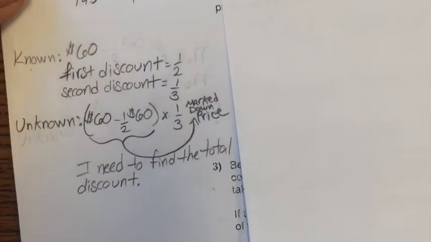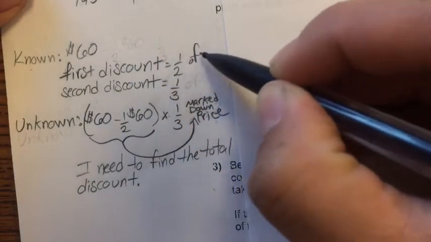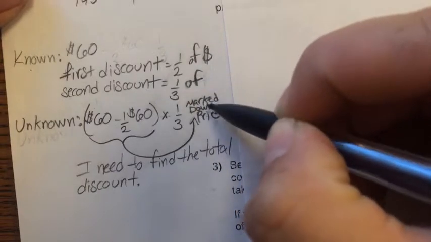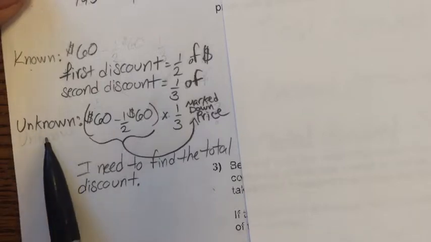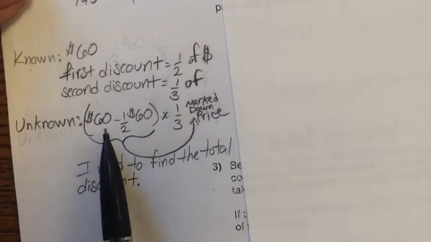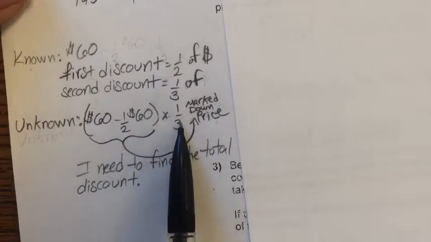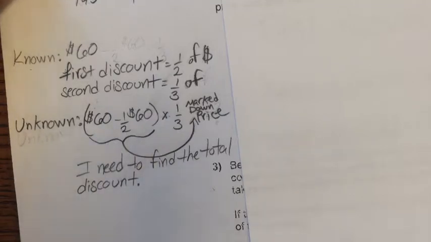So let's fix our known and our unknown. 1/2 of the price. 1/3 of the markdown price. What do we not know? Our unknown is $60 minus half of $60 times 1/3 of the markdown price, which is this. It'll make more sense when we do it.